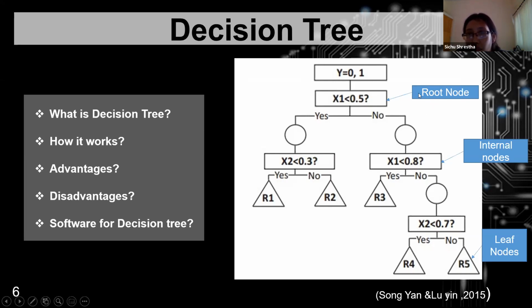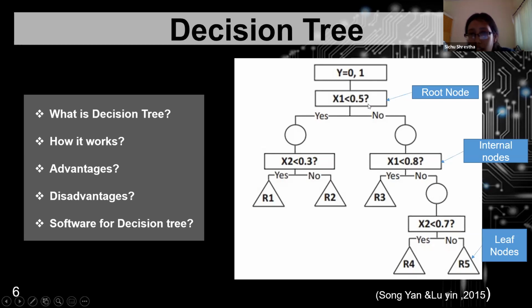The root node is the top of the decision tree, and these three are the internal nodes, where internal nodes are the nodes that have arrows coming towards them and arrows going away from them, and leaf nodes are those that have arrows coming towards them, but they don't have arrows going away from them. So in this simple decision tree, here we have data ranging from 0 to 1.